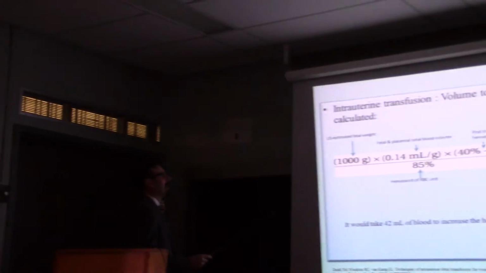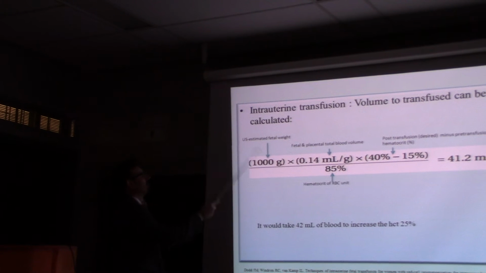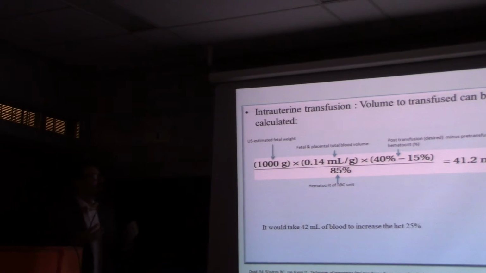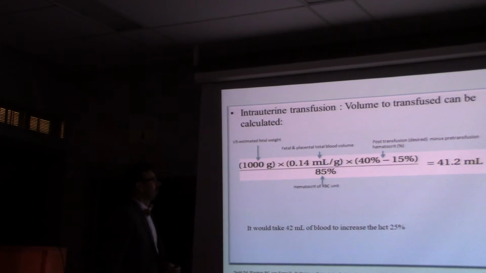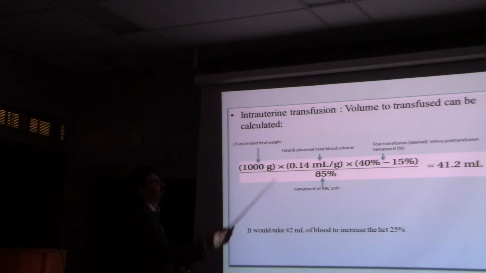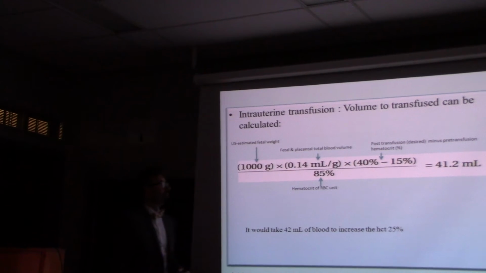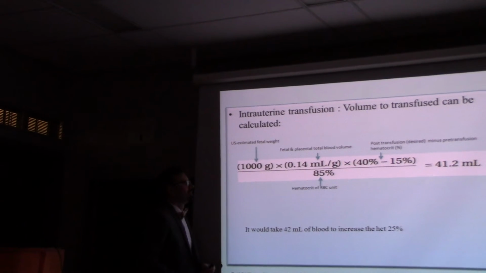Anyhow, a lot of this information is derived from ultrasound, so obviously you wouldn't have it available to you. Essentially you take the fetal weight times the placental and fetal total blood volume, which is estimated at an average of 0.14.